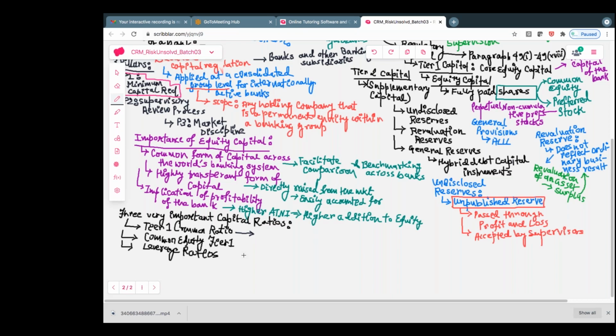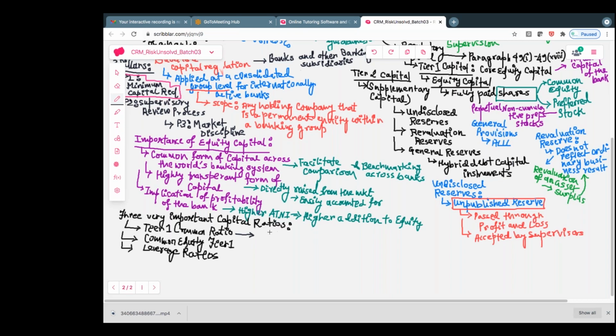So let's start off with the tier one common ratio. So let's first define this tier one common ratio. How do you define it? What is the common ratio? The common ratio is coming from the common equity.